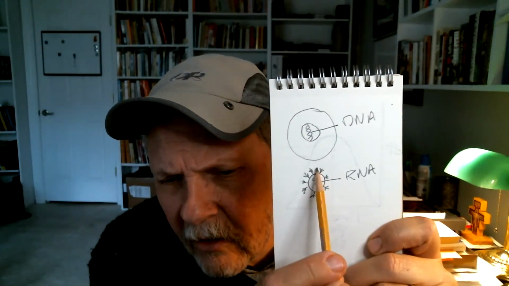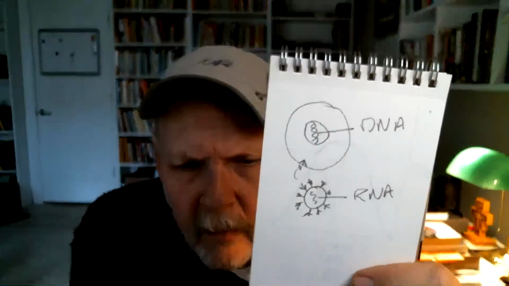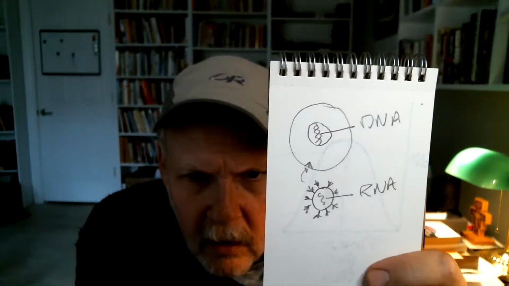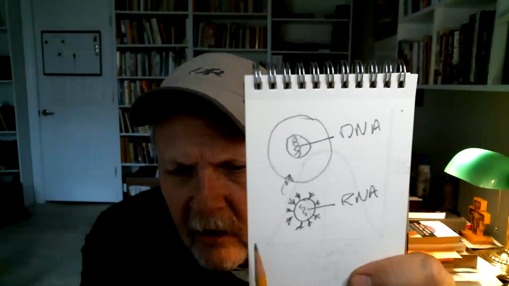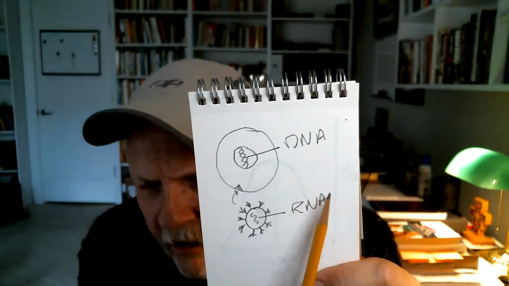It has these little strands of protein that act as keys, and they're designed, and this again is part of what we don't know about viruses, they're designed specifically for certain cells, and they fit into keyholes, if you will, on those cells. So the virus comes along, it attaches itself to the cell.